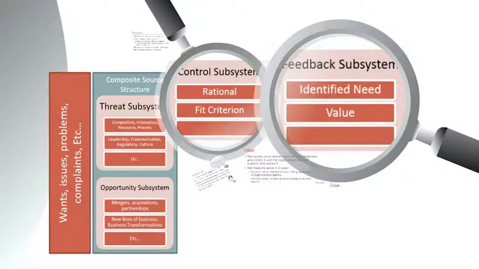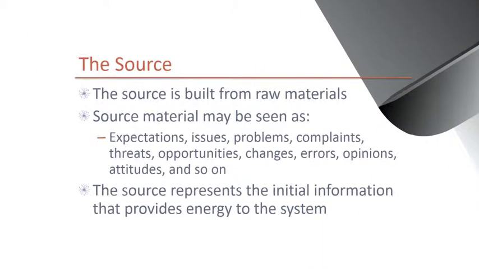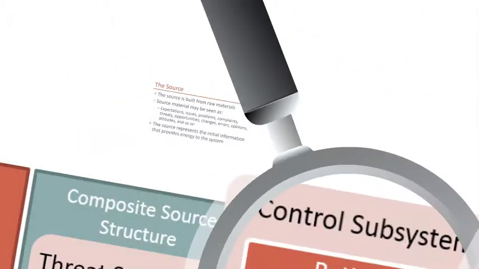Now, let's take a look at each of these individually. So our control subsystem and our feedback subsystem. So we took the source and we built raw materials. And remember, exceptions, issues, complaints, threats, so on and so on. And we put that through our requirements engine.